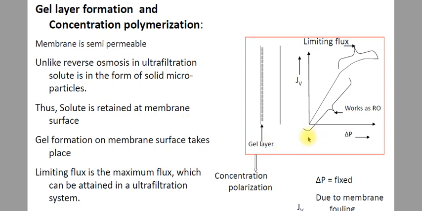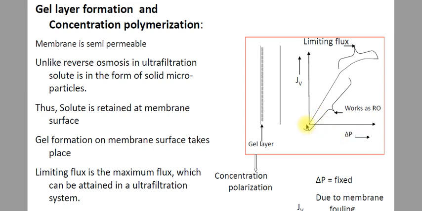In reverse osmosis, the correlation of flux and pressure is almost linear. At any pressure you can achieve in the reverse osmosis process, it is always linear. It goes from the origin. So you will always find a straight line, and the flux will increase with increasing pressure.